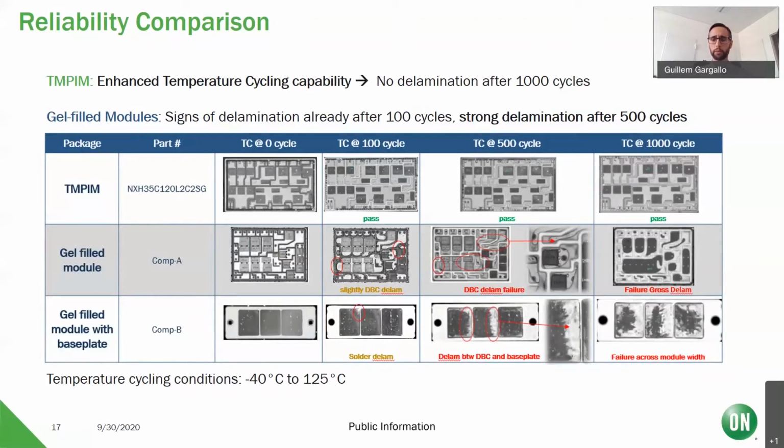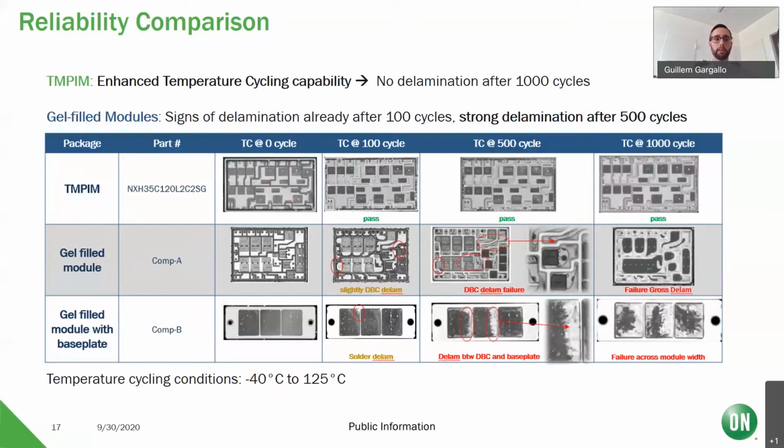One of the tests we perform here is a temperature cycling test where we move between -40 and 125, and then we repeat this test continuously, and analyze how this influences the different parts of the module. Here you can see on the top our transfer molded PIM. In the middle, a gel film module without the base plate, and on the bottom a gel film module with a base plate.